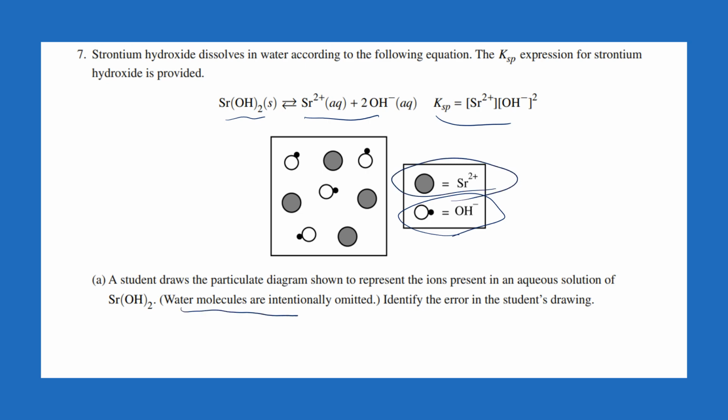Water molecules are intentionally omitted. Identify the error. So because it is only a partially soluble salt, even without knowing the value of KSP, we know that some of them will still be solid particles that are bound together. So the drawing should have had some of the strontium and hydroxides still together and not completely ionized.